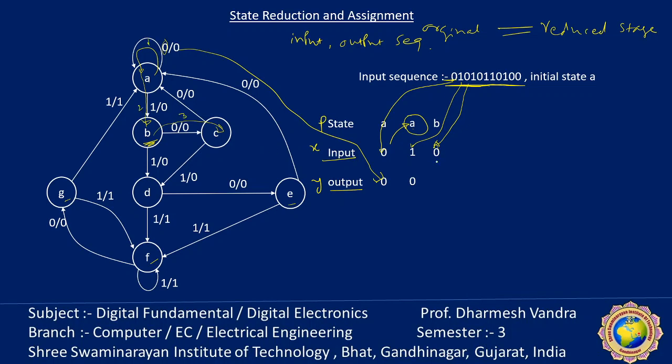B with input zero, so the output is zero, and next state is C. At C the next input is one. If C has input one, it will go into D. For the fourth input, the input is one, output is zero, and next state is D. At D, the input is zero, so that means it will divert to the next state E.